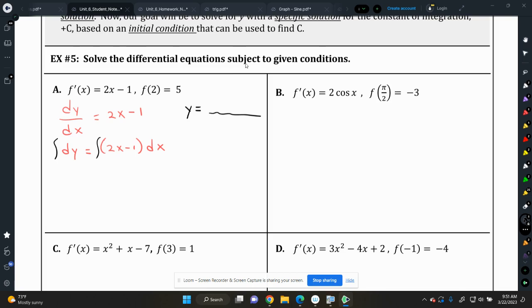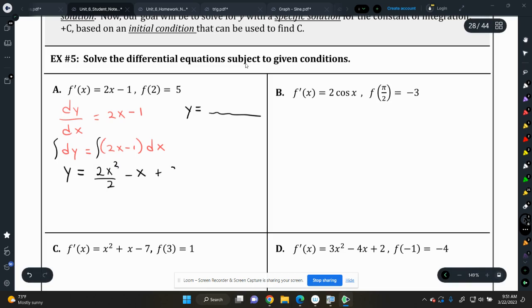If it was the integral of 1, what would we be left with? Or y, in this case y. So the integral of dy is equal to y. Okay? The integral of 2x minus 1 dx, that's going to be 2x squared over 2 minus x plus c.